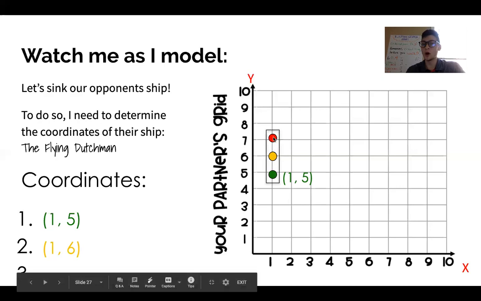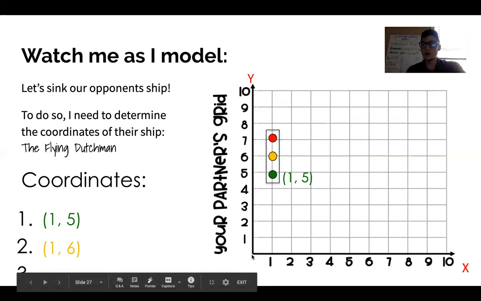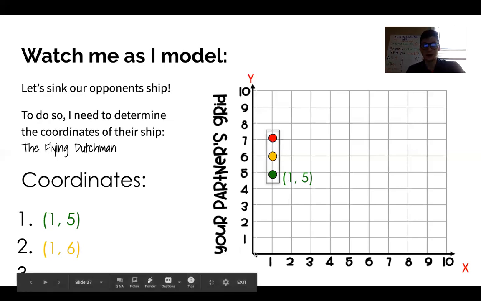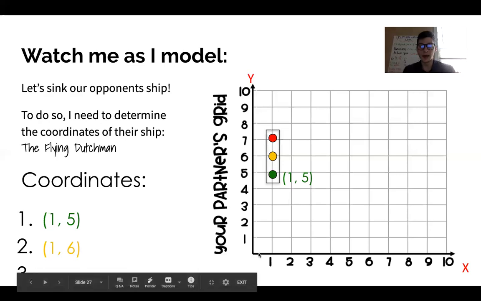All right, and let's try one more with the red coordinate. You'll notice that since they're all going in the same direction, all going up vertically, my x coordinate is going to be the same for each of them. And let's see if that checks out again. So again, I start at my origin, and I'm going to crawl on my x-axis until I see the red point has intersected.